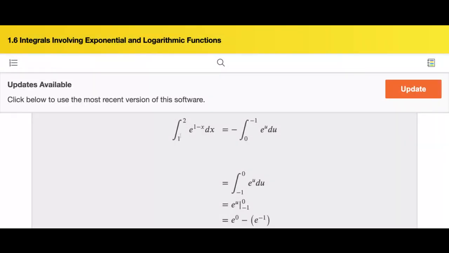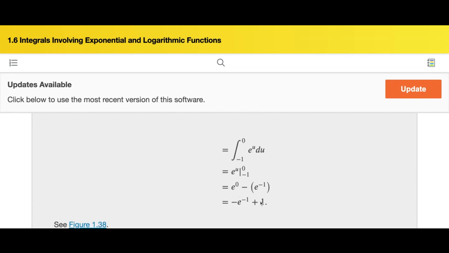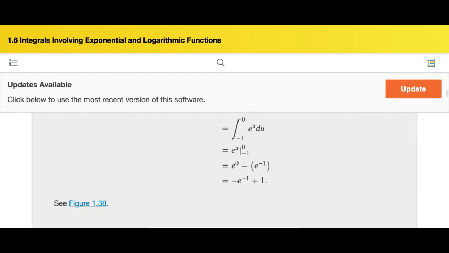So x equals 1 changes to u equals 0. X equals 2 changes to u equals negative 1. So we anti-differentiate e to the u, just e to the u, and evaluate at 0 and at negative 1. So we get e to the 0 minus e to the negative 1. E to the 0 is just 1. So 1 minus 1 over e, or 1 minus e to the negative 1.